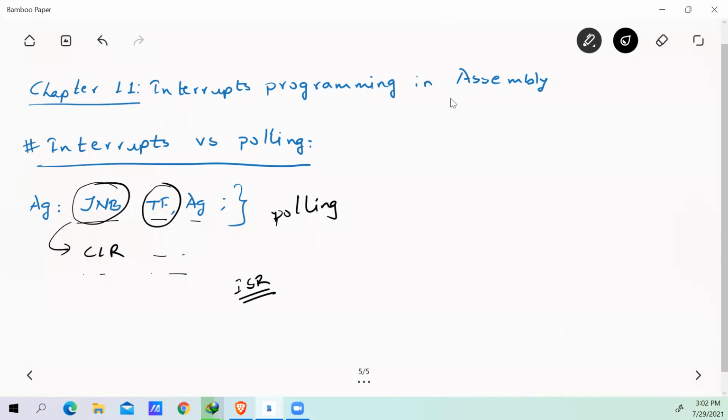Then when everything of timer 1 has been finished, your microcontroller will go to timer 2. Then it will keep on monitoring timer 2, whatever timer 2 is doing or whatever services it needs. After finishing that, it will go to timer 3. After finishing timer 3, it will again come back to timer 1. Then again it will go to timer 2.